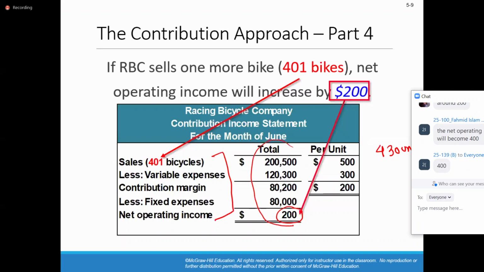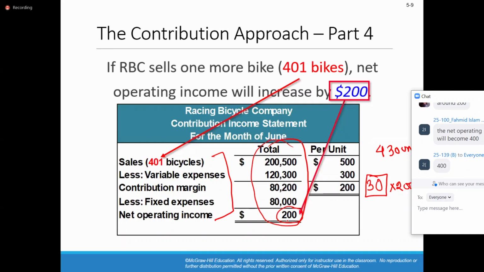When you have these standard numbers before you, you can take the additional units you are selling over the break-even point, that is the 30 units of bicycle, and multiply this by 200, which is the net operating income for each additional unit over the break-even point.